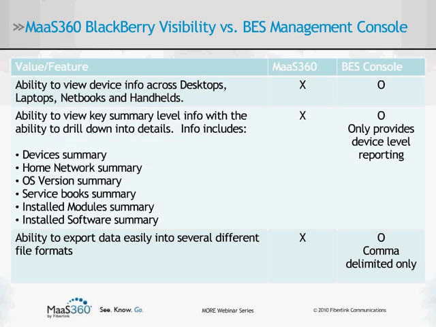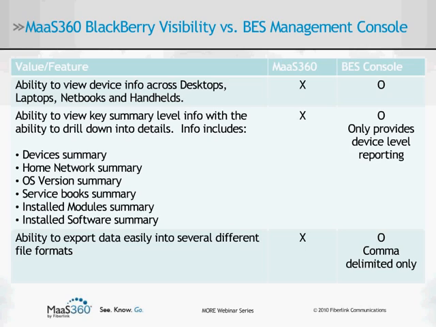This table compares features of the MAS 360 handheld reporting versus the BlackBerry Enterprise Server Management Console. From this slide, you can see that with MAS 360, you get the ability to view device information across desktops, laptops, netbooks, and handhelds. You have the ability to view key summary level information with the ability to drill down into details, where the BES console only provides device-level reporting.